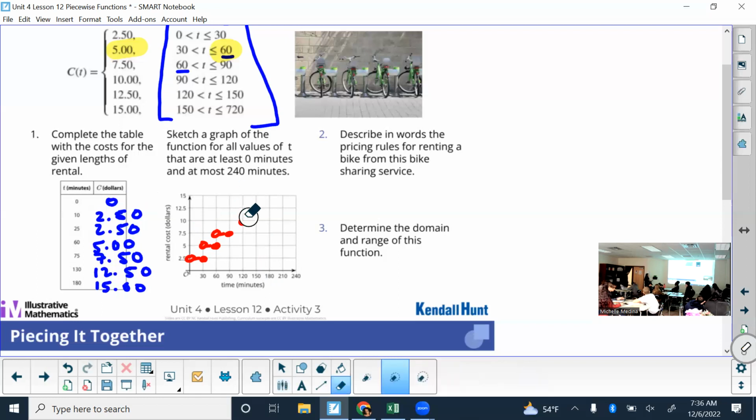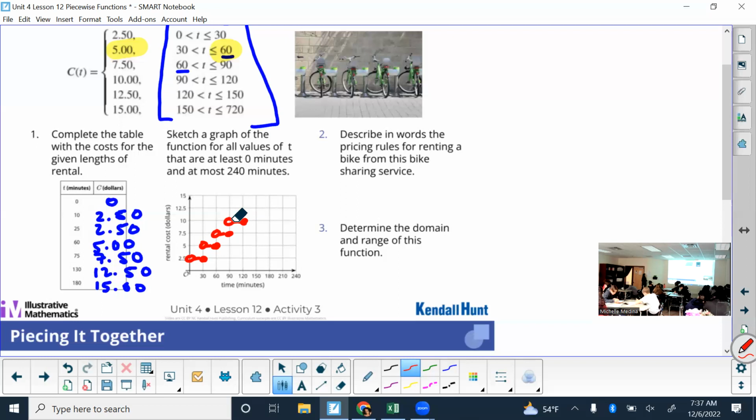Okay, where should the open circle be then? On the 90 and the 10. Because 90 is when it starts to change, right? So the answer for when it's 90 minutes is not going to be 10, that's why it's open. But that's where it starts to be different, when it's above 90. And then where would the closed circle be? Left. And then connect them, because in between that, they're the same.